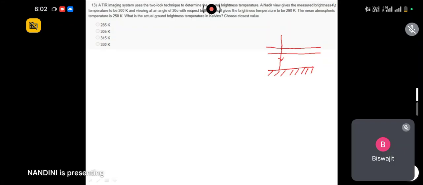To do this atmospheric correction, the satellite looks at the surface directly when the angle is 0 degrees, and also looks at the surface after making an angle theta with the normal.